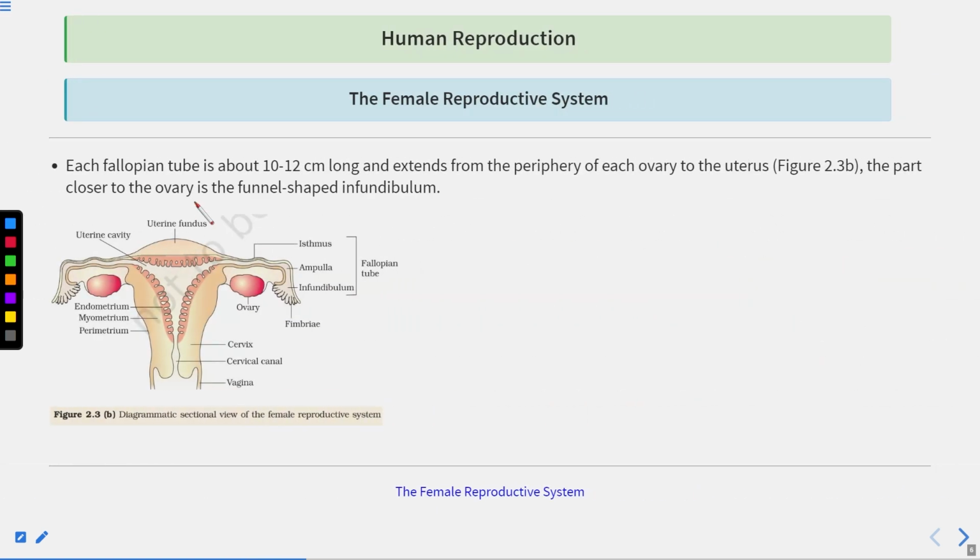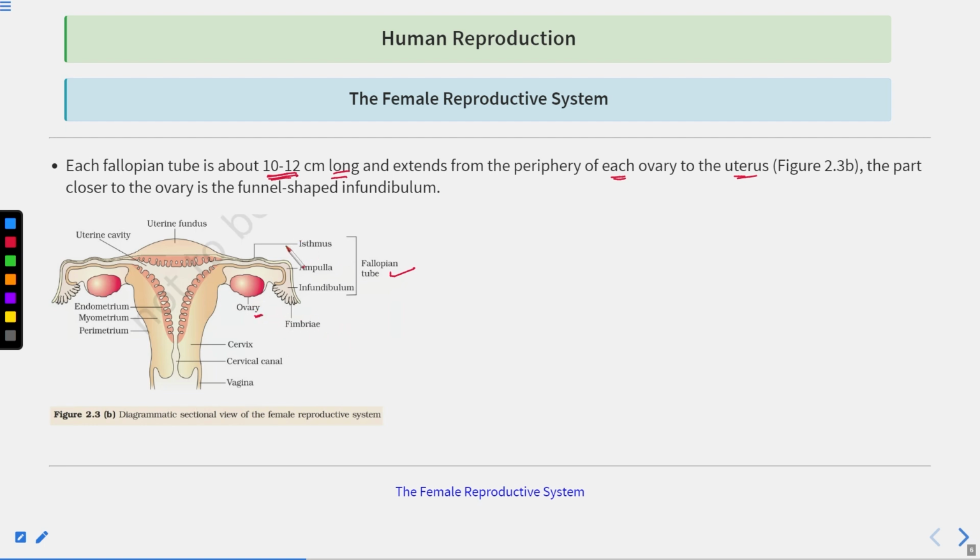Now, let's talk about the fallopian tube. Each fallopian tube is about 10 to 12 centimeters long. So it is quite long, and extends from the periphery of each ovary to the uterus. So the fallopian tube extends from the periphery of the ovary to the uterus.